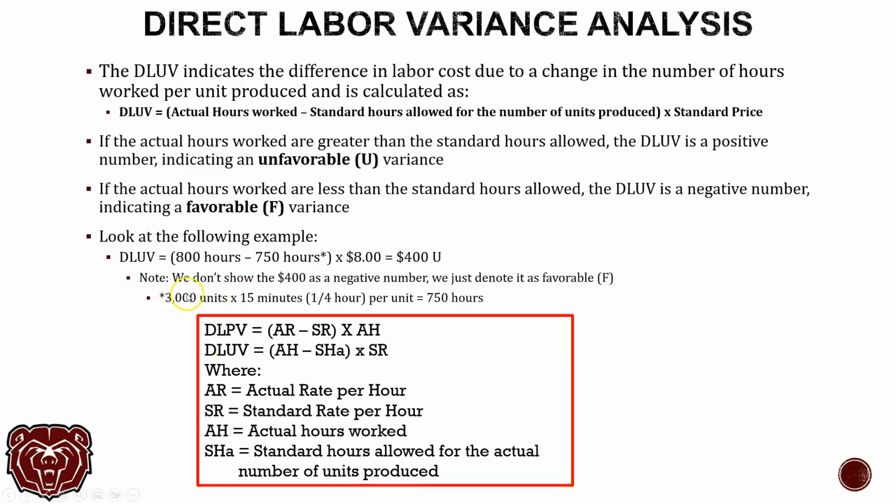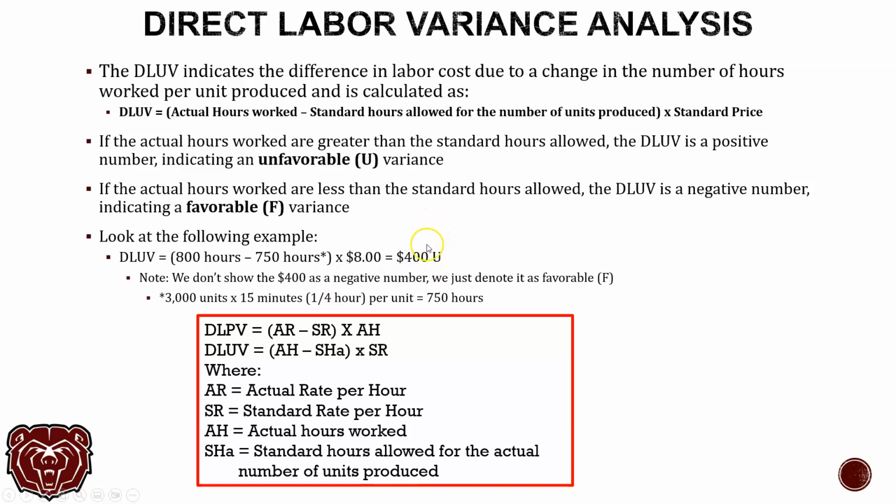You'll note here it's that 3,000 times 15 minutes, or a quarter hour, gets you that 750. So we actually worked 800, we say the standard is 750, we multiply that times the standard price, our budgeted price. That tells us that it was a $400 unfavorable variance. We got that positive number, right?